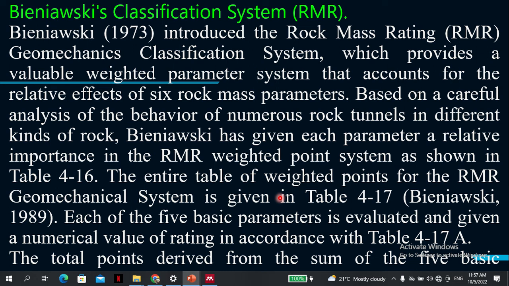The RMR geomechanics classification system provides a valuable weighted parameter system that accounts for the relative effects of 6 rock mass parameters. Based on a careful analysis of the behavior of numerous rock tunnels in different kinds of rock, Bieniawski has given each parameter relative importance in the RMR weighted point system as shown. So in the RMR system, we take care of so many things. RQD is one of them, right?